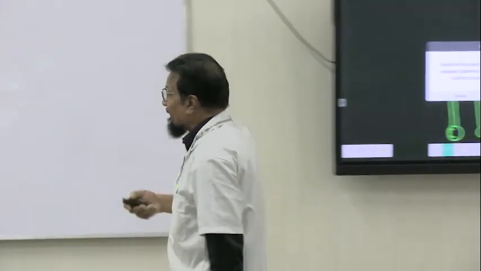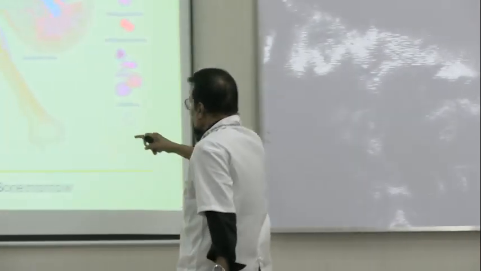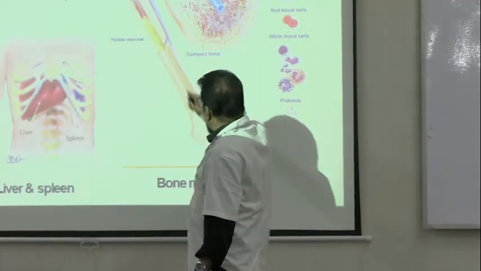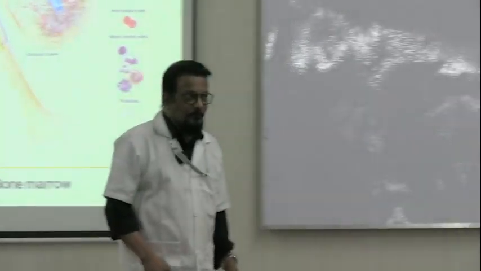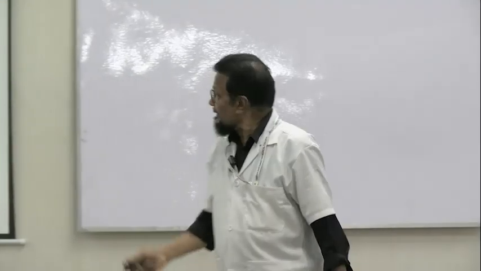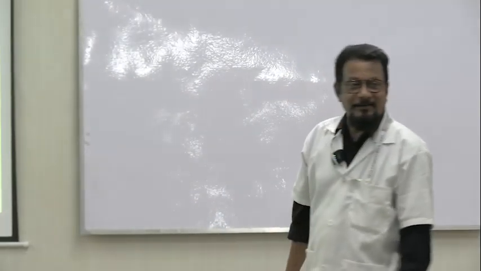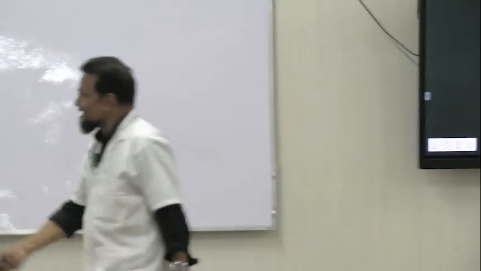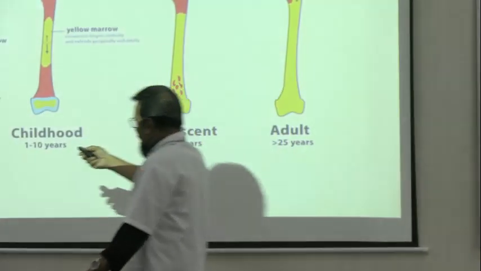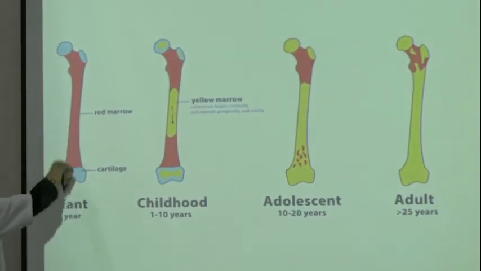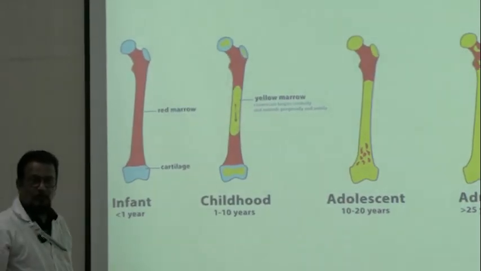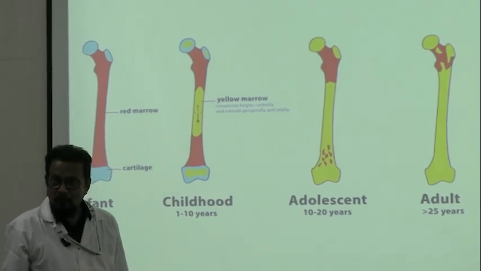Why does it happen? Previously, from here to here, there was red bone marrow. When you are below 1 year, it was occupied by red bone marrow.